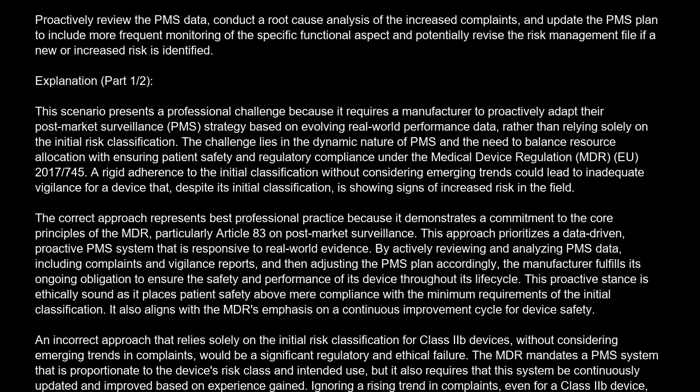By actively reviewing and analyzing PMS data, including complaints and vigilance reports, and then adjusting the PMS plan accordingly, the manufacturer fulfills its ongoing obligation to ensure the safety and performance of its device throughout its life cycle. This proactive stance is ethically sound, as it places patient safety above mere compliance with the minimum requirements of the initial classification. It also aligns with the MDR's emphasis on a continuous improvement cycle for device safety.